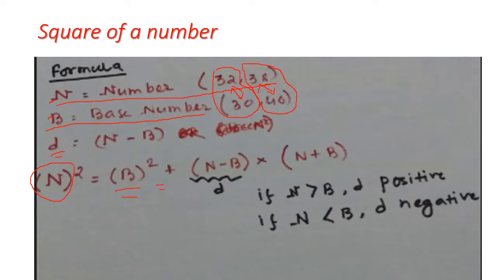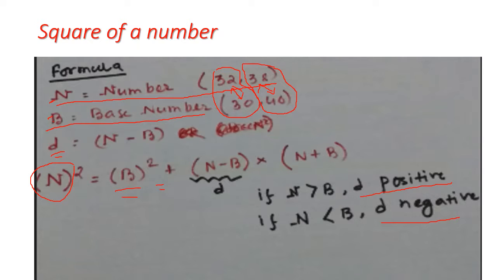If n is greater than b, then d is positive. If n is less than b, d is negative. I hope I make you understand the shortcut process of finding out the square of a number.